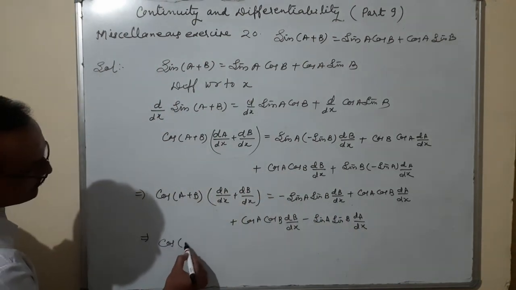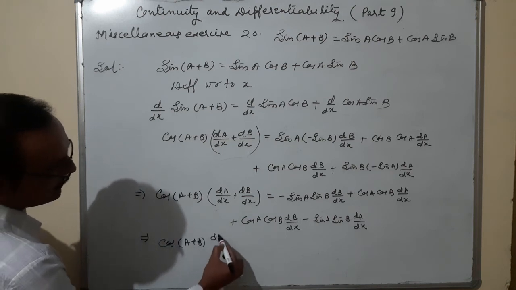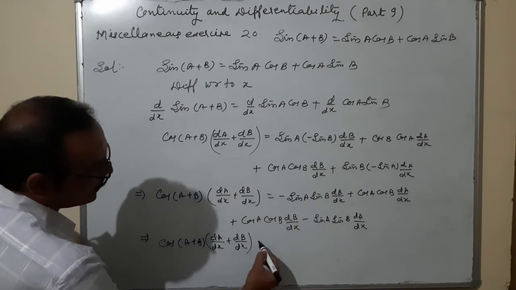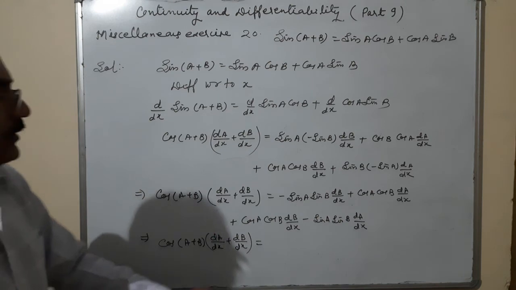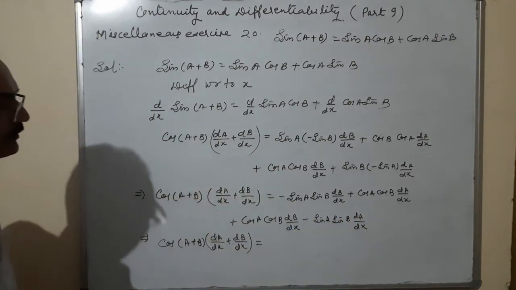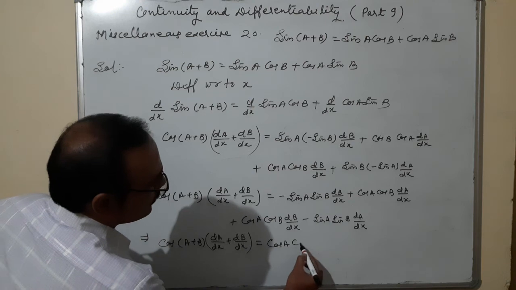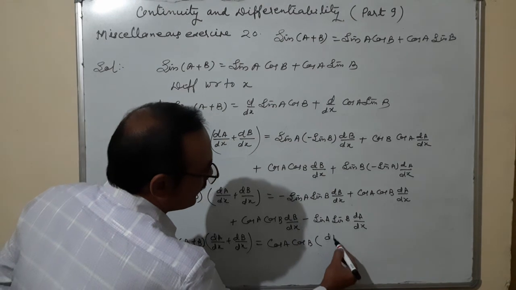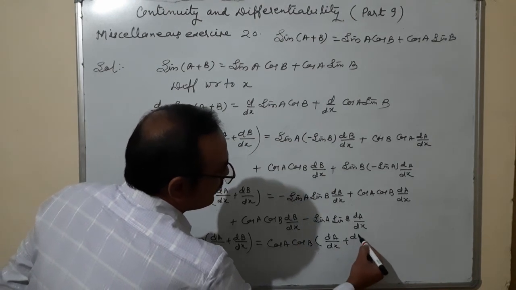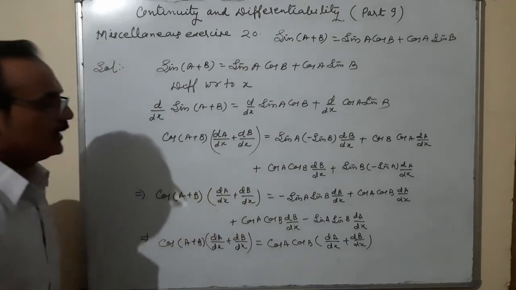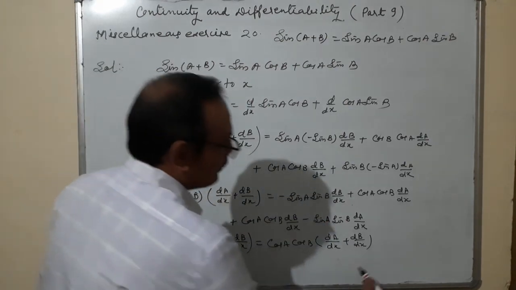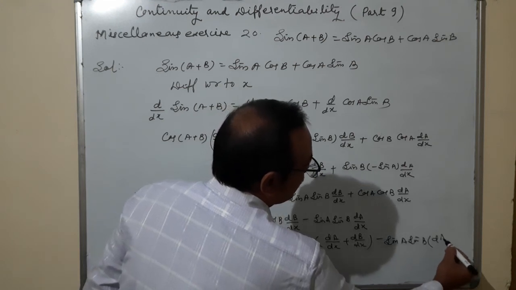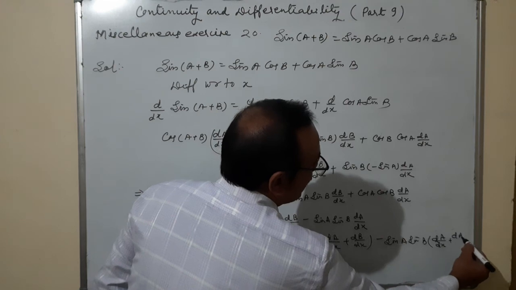Cos(a + b) (dA/dx + dB/dx) is equal to cos a cos b common, so what is left? dA/dx plus dB/dx. Okay, and from here I take minus sin a sin b common, so it is coming dA/dx plus dB/dx.